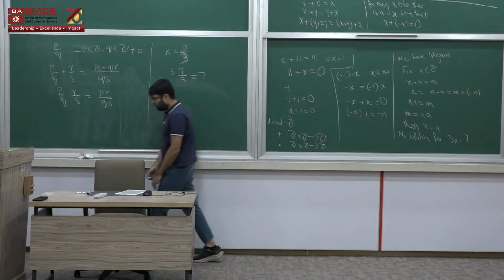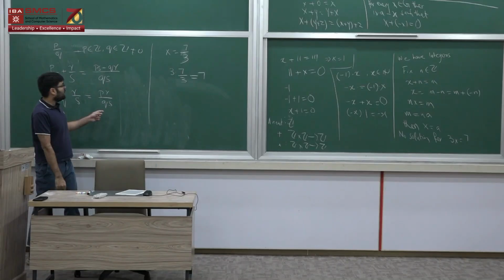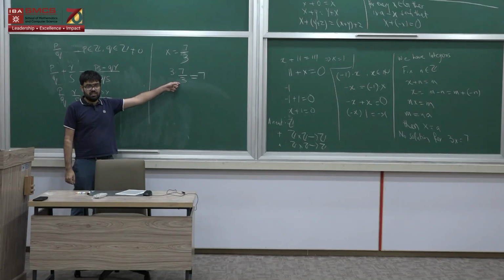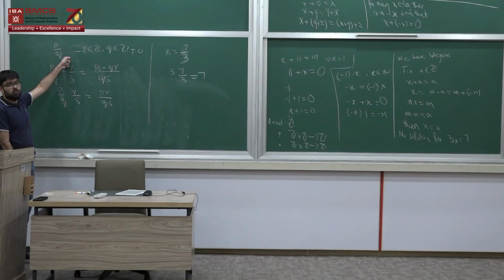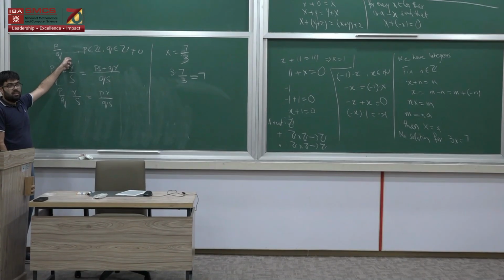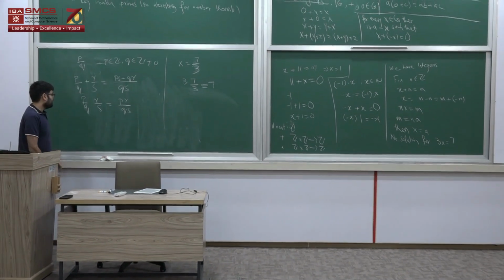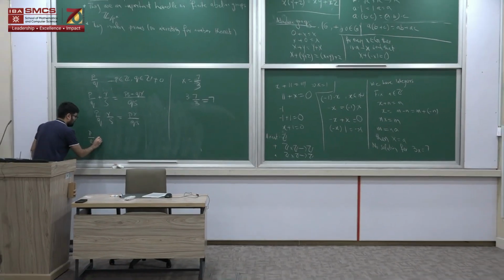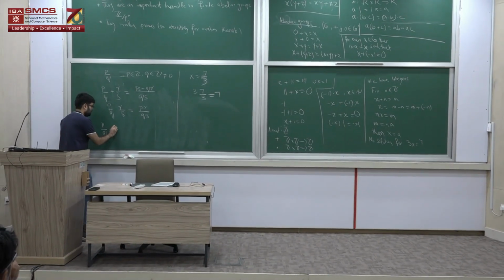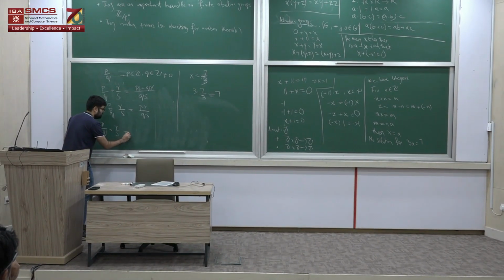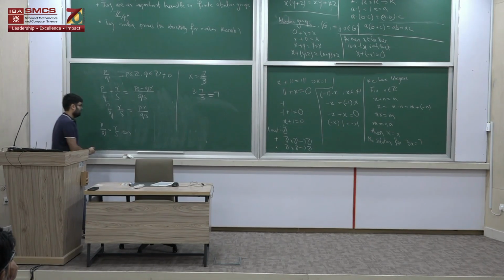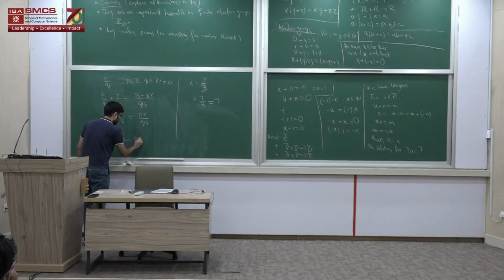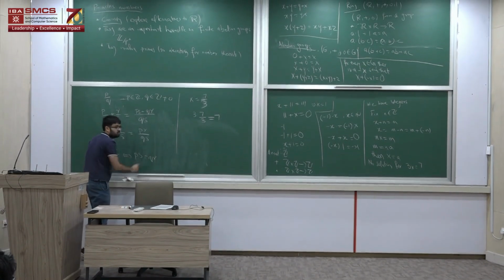So what I have to do is put down this cancellation condition by hand, because the set of tuples is too big. I cut them down by saying that p over q is the same as r over s, which basically means that p times s is q times r.